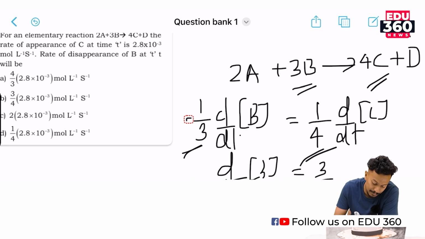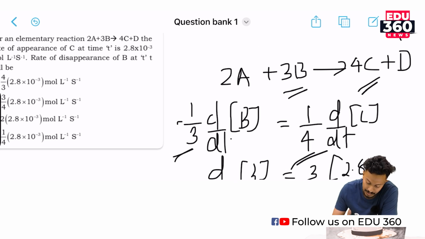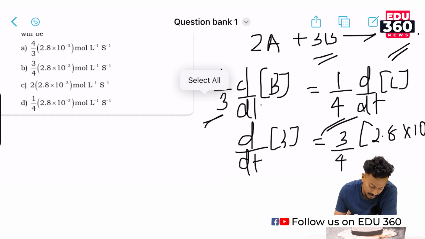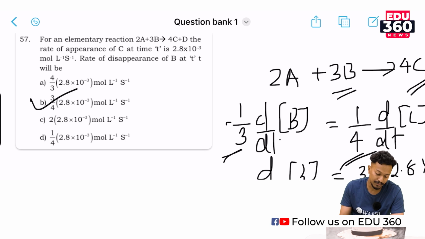The rate of appearance of C at a time t is 2.8 into 10 raised to minus 3, so it is 3 by 4 into 2.8 into 10 raised to minus 3, which is option number B. This is question number 57: for an elementary reaction, the rate of disappearance of B, which is minus d by dt of B, is given by option B, 3 by 4 into 2.8 into 10 raised to minus 3.